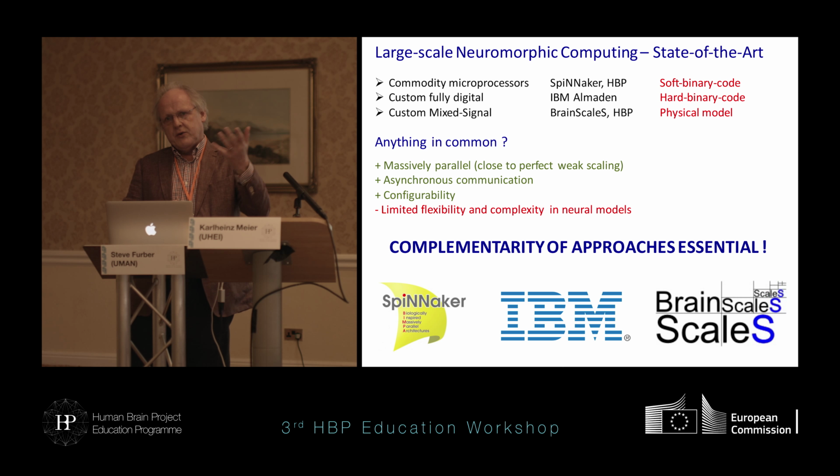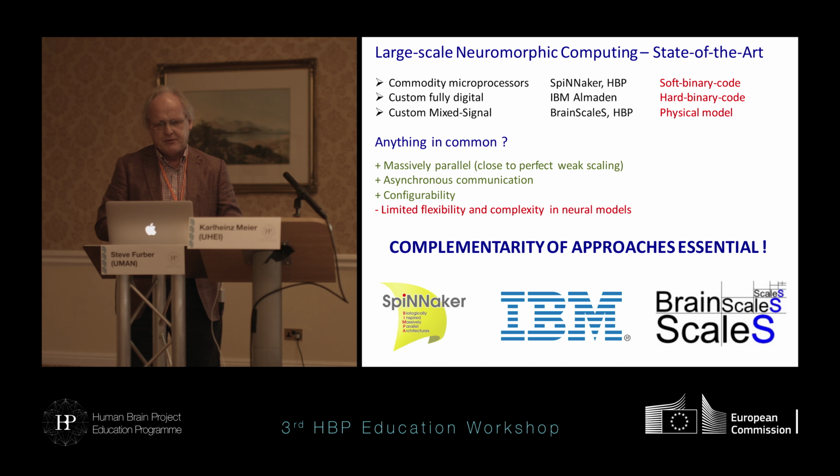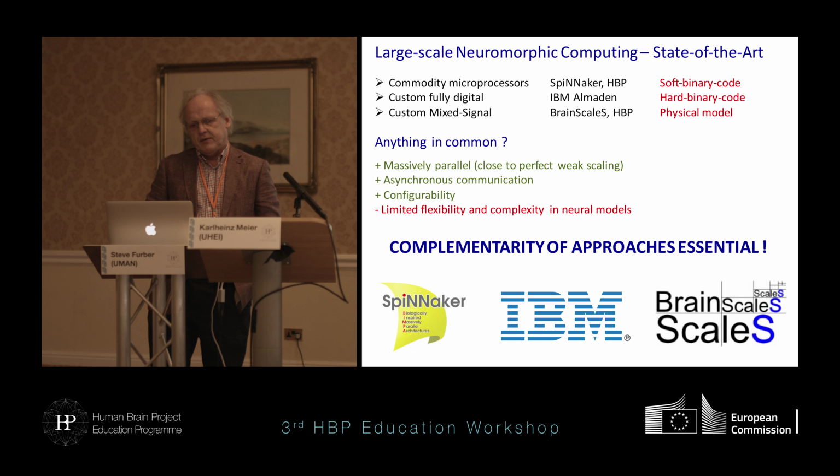These are all different approaches to the same problem, so you'd expect they have some things in common. And one of the things they have in common is they're all massively parallel. So they have much greater degrees of parallelization than most standard computer systems. And they all deliver something that's close to perfect weak scaling.